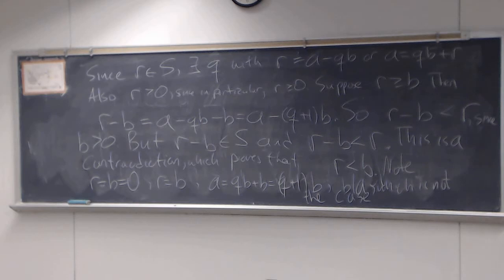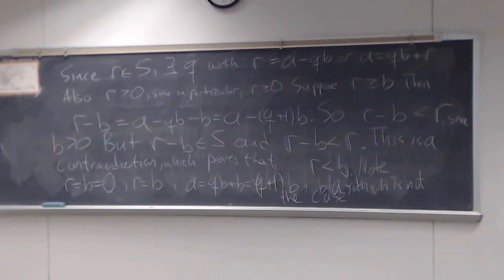Okay, so to prove the uniqueness, suppose A equals QB plus R and A equals Q prime B plus R prime, where all those four elements are integers. And let me move over to the board.